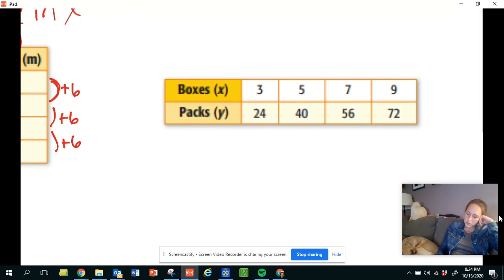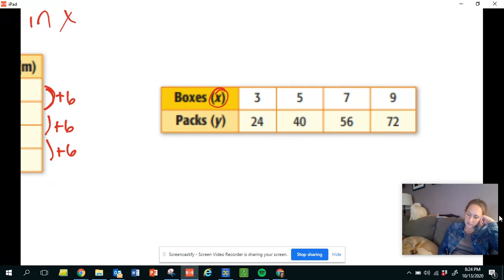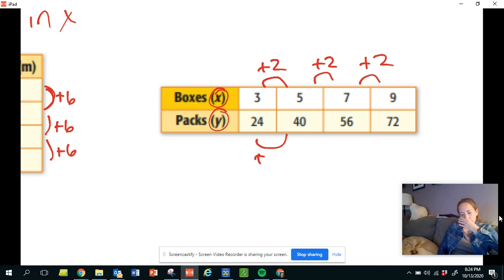Okay, so here we go. This one, I've got x and y here. I have to look at how much I'm changing. Here it goes up by 2, which is the same every time, and here I'm adding 16 every time I go up in the table.